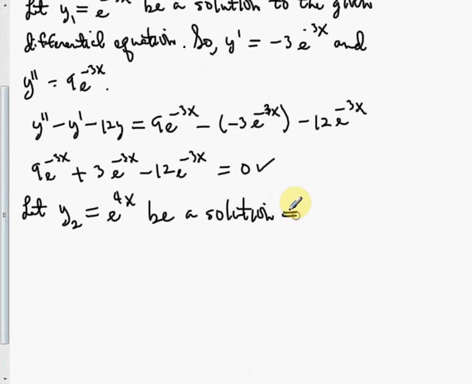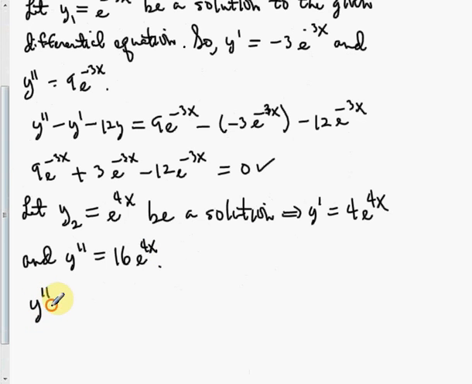This implies that y prime is equal to 4 times e to the 4x, and y double prime is 16 times e to the 4x.